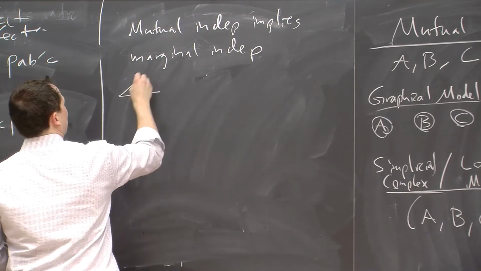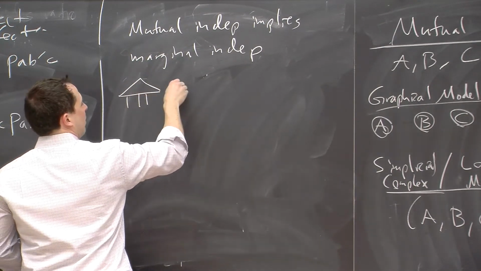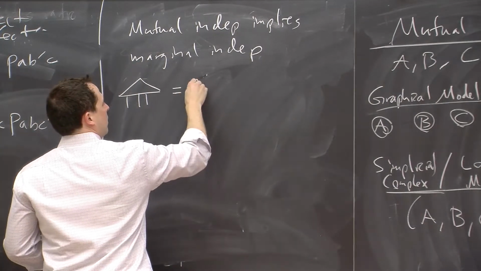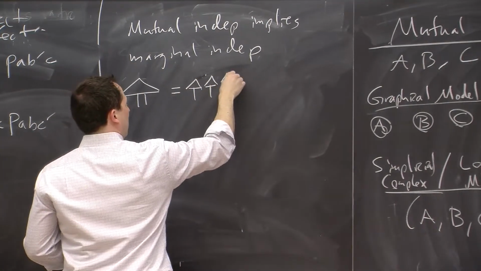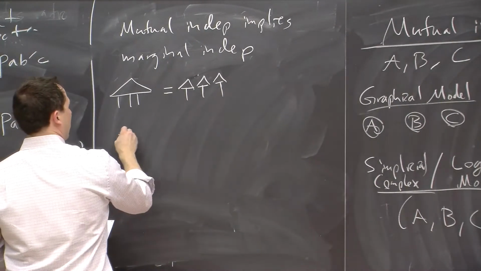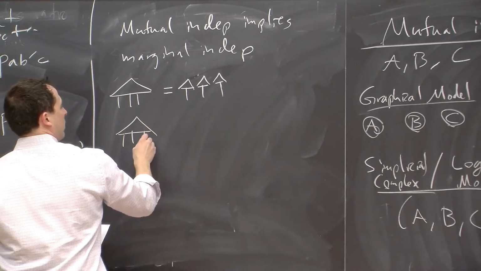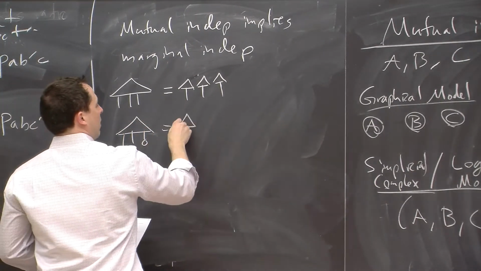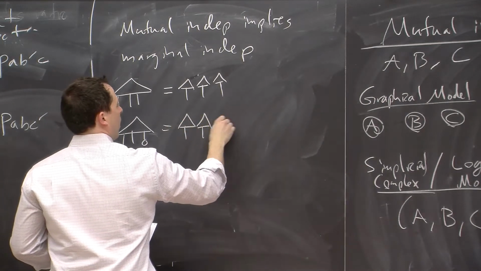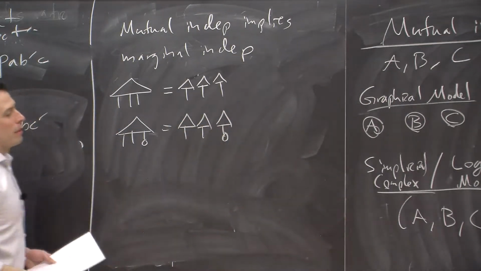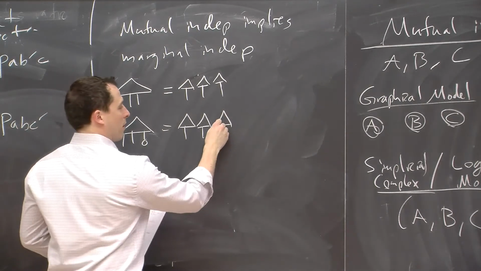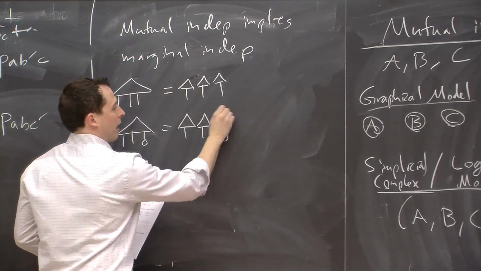One way to say this in pictures is something like, if I can write a table as an independence model, well, then it's also true that if I sum over one of these things, that's equal to a picture like that. I've summed over the last one. And when I sum over a single vector, I just get a scalar.